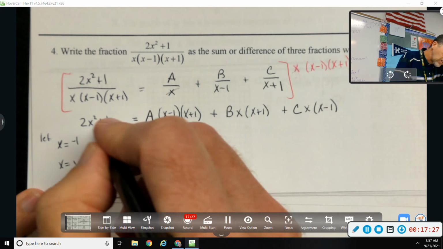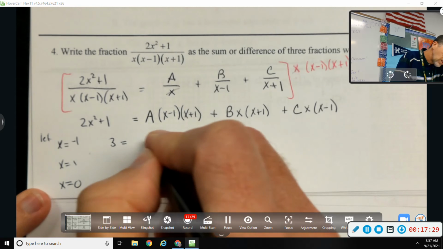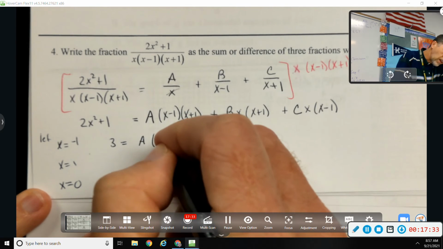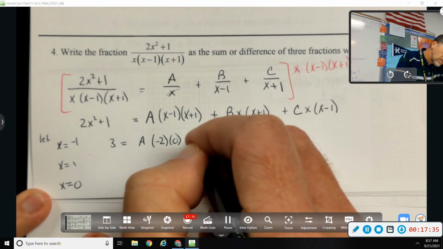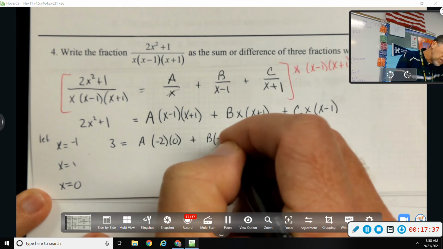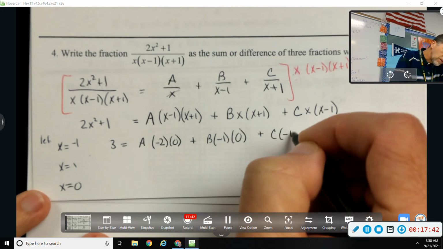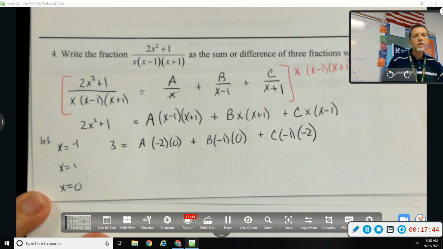So let's see, 2 plus 1 is 3. A times negative 2 times 0, plus b times negative 1 times 0, plus c times negative 1 times negative 2.